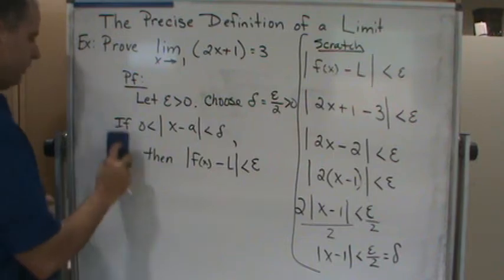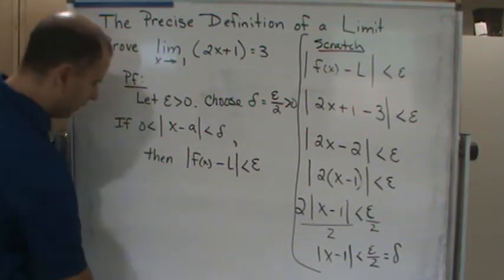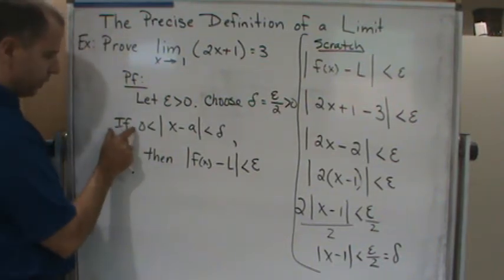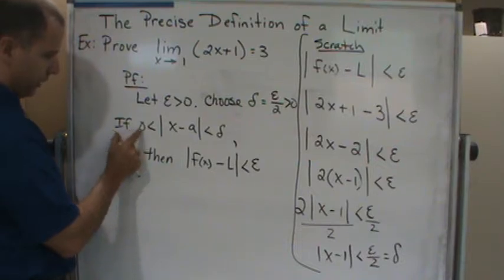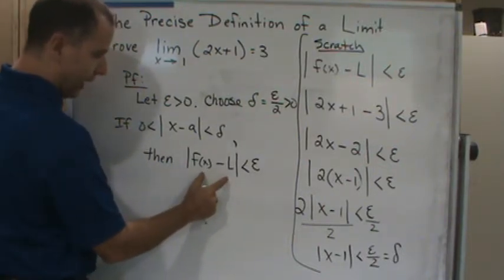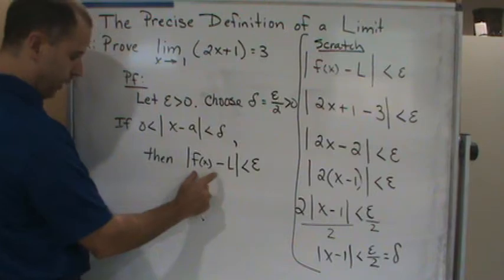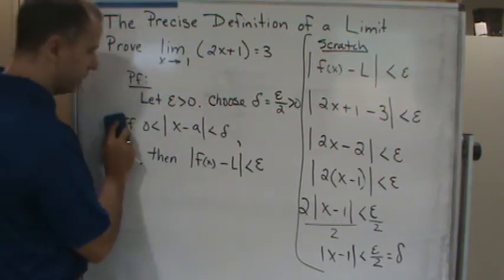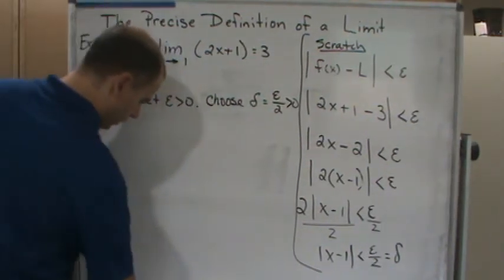So let's do it. So now what we're going to do is, this is a conditional, which means if we assume this is true, then we should get this automatically. This should follow. So in a conditional, we're going to assume, right?